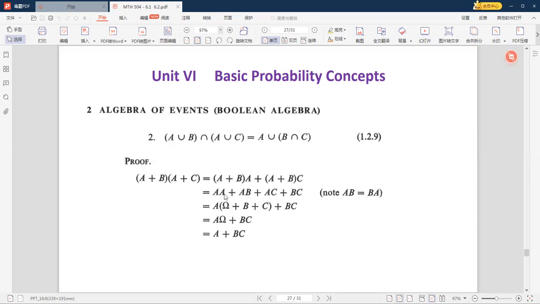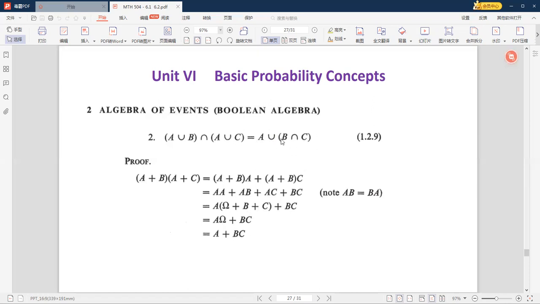So you can rewrite the first term as A omega, and then you factor out A from the first three terms on the left, and you get omega plus B plus C. But omega is the universal set, so that includes both B and C. So the sum is just omega. Then you get A times omega, which is A again. If we intersect A with the universal set, you get A. So that's equal to A plus BC, which is A union B intersecting C.